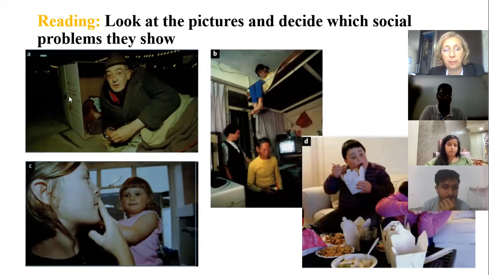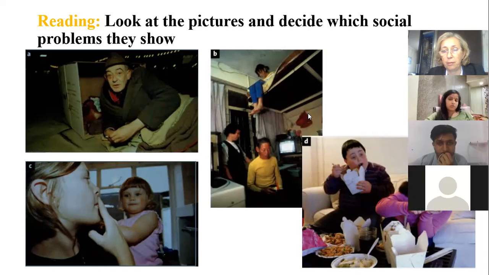The first picture, A: homeless. Picture B: a congested home, maybe poverty, a small home with lots of people, lack of space, not having the resources to get a bigger house.